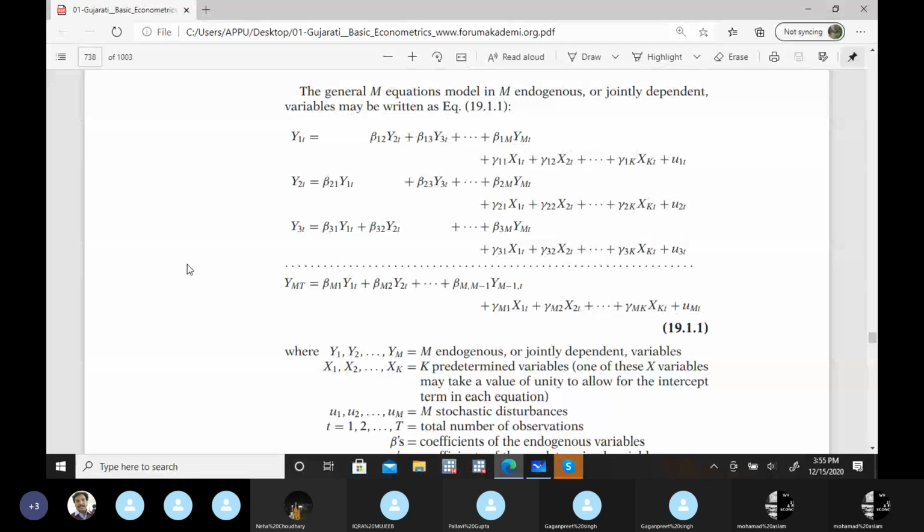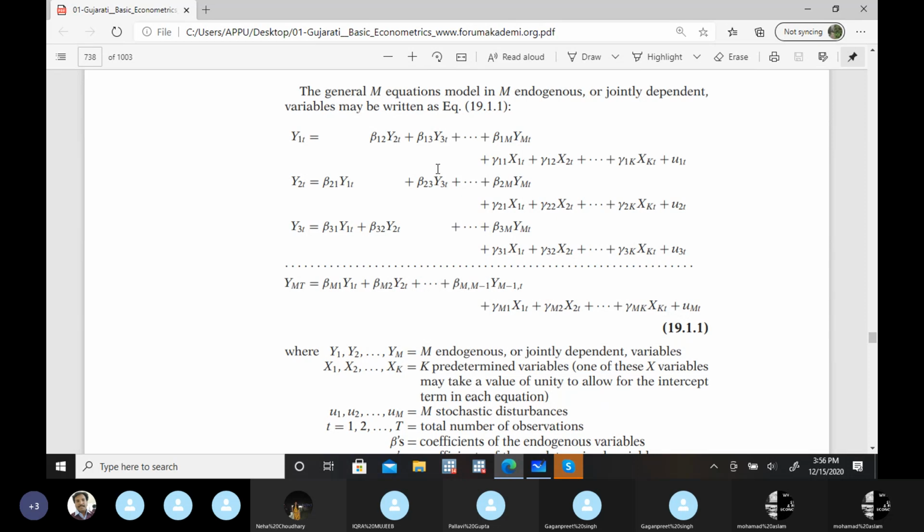It's also important to understand, because many times we do this exogeneity test, endogeneity test, this Hausman test and all. So all these concepts are from this part of the simultaneous equation model. The variables which have these interdependent relations are endogenous variables.